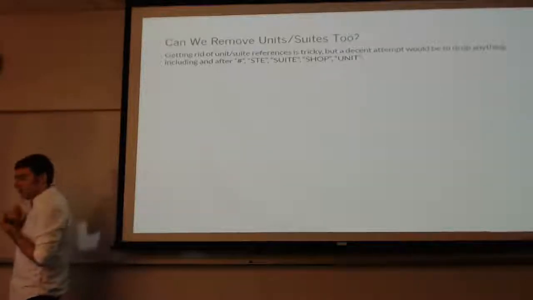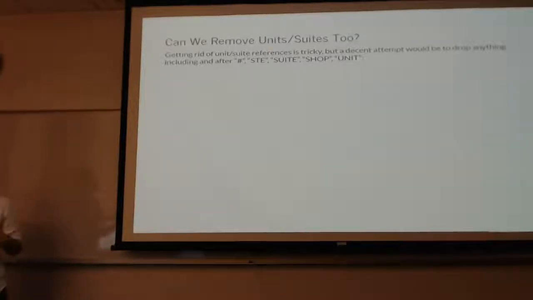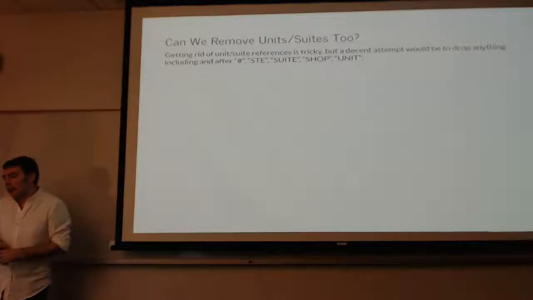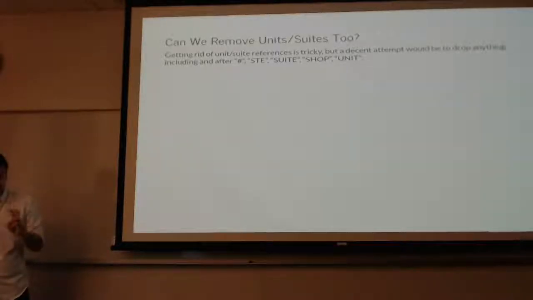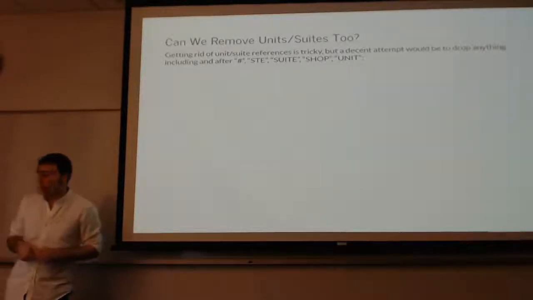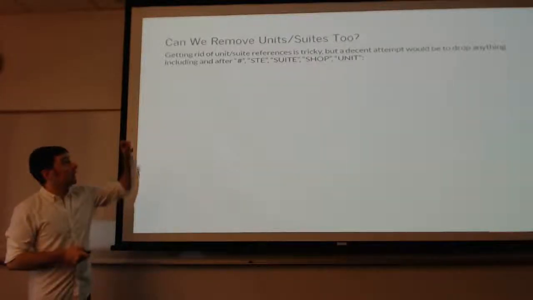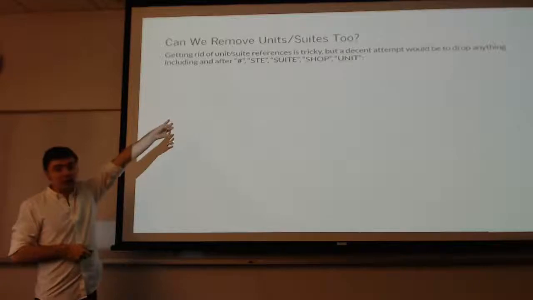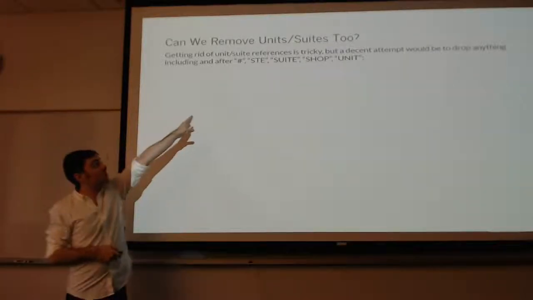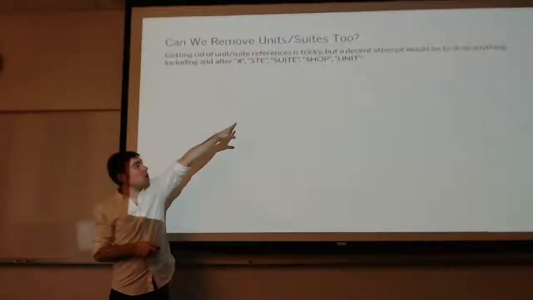Getting rid of those things is tricky because there's a huge variety in what those things could be. But what I'm going to call a decent attempt to remove them would be to drop any text, including and after a pound sign, so a number sign, suite, shop, or unit.